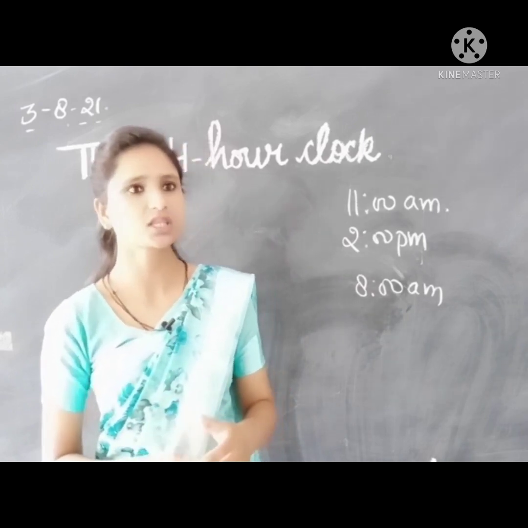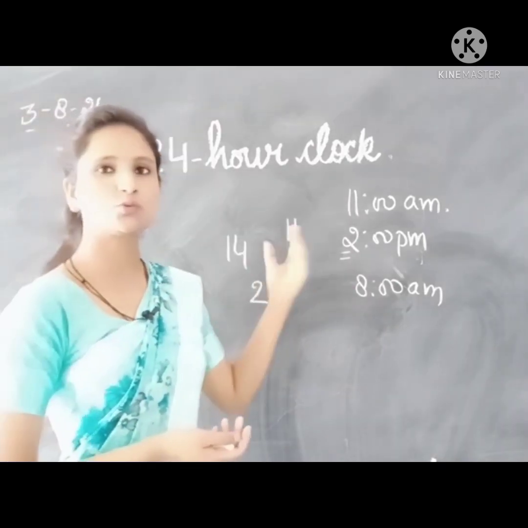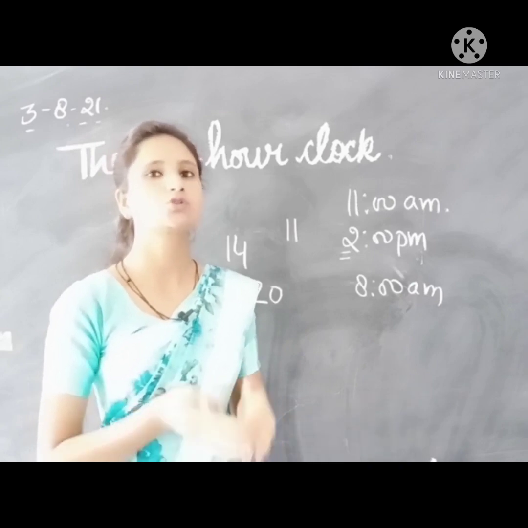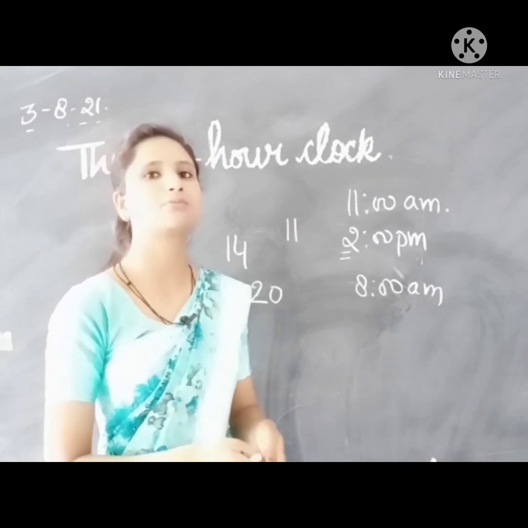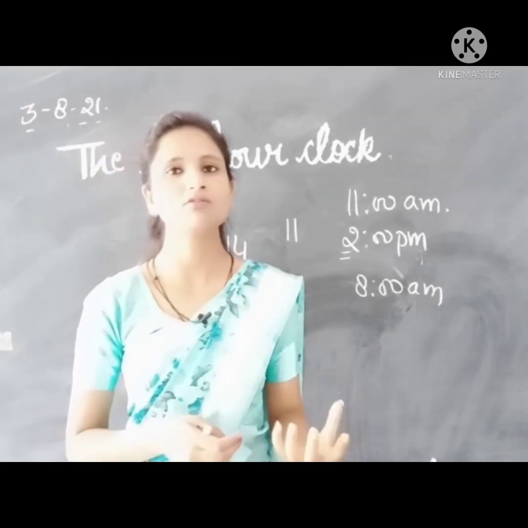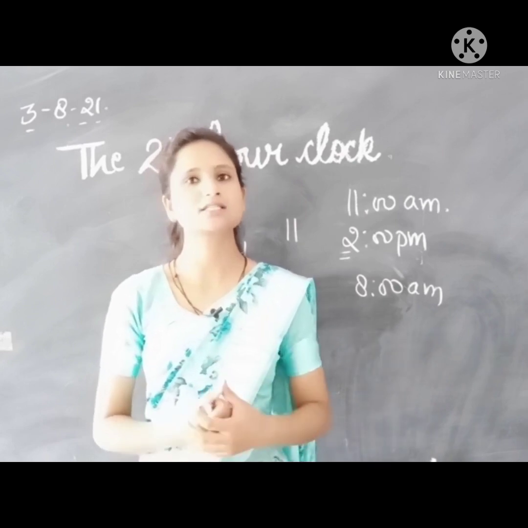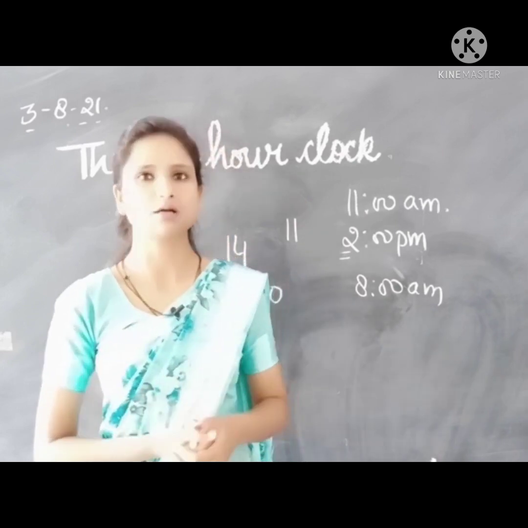So how can we write it like this: 12, 13, 14? This we will discuss in brief, and we will learn today how we can convert 12 hours into 24-hour clock. Let us start our topic with some examples.